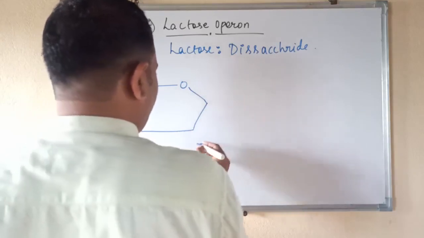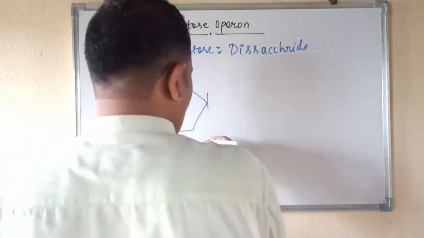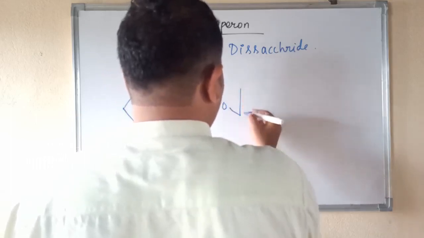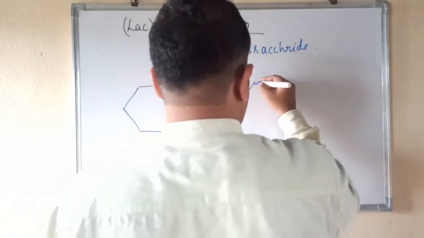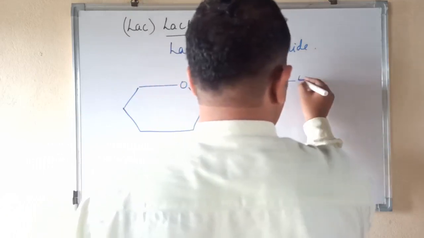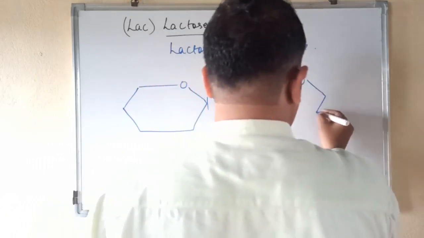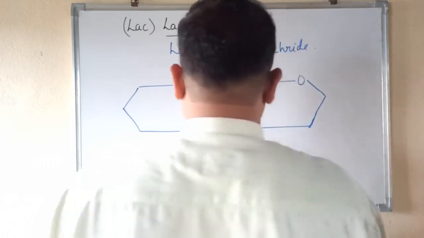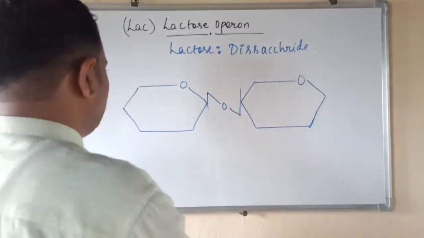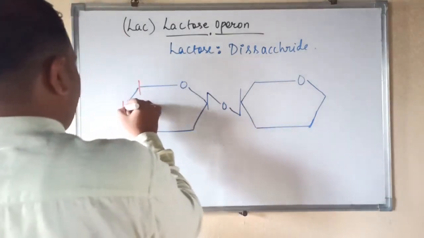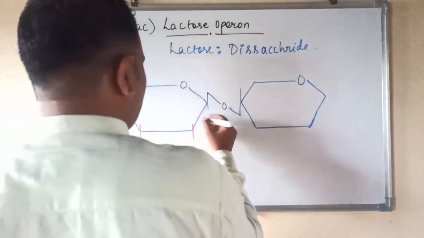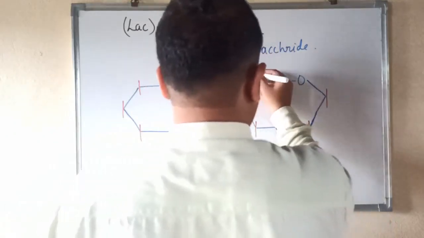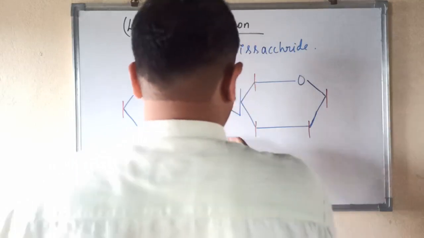First, let me draw the chemical structure of lactose, that is glucose and galactose linked together. The structure is like this. I will draw the hydrogen bonds in this structure with a different pen so that you can differentiate them.